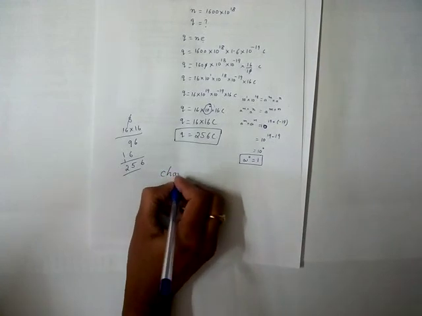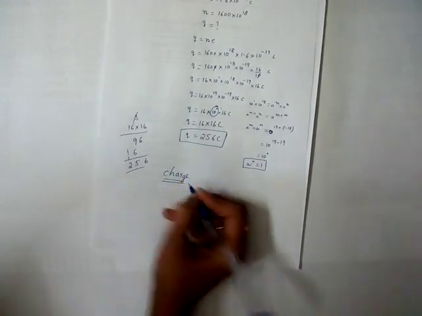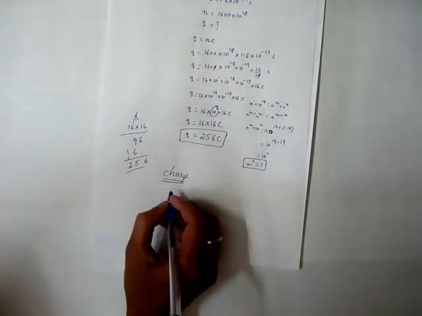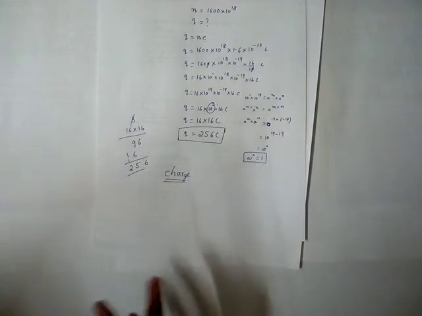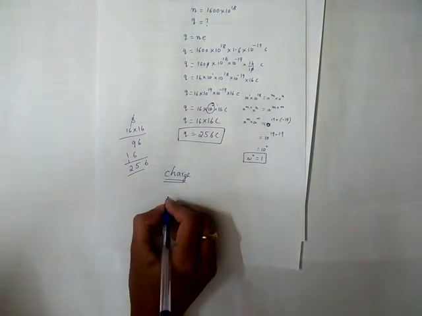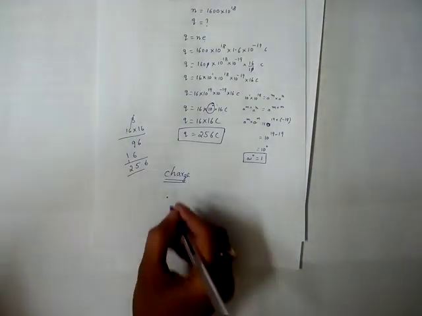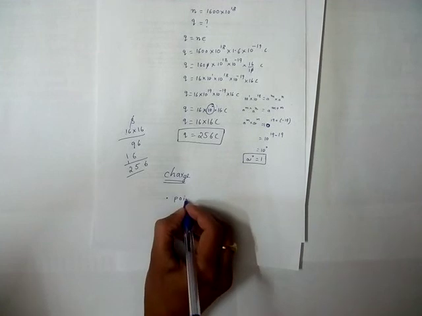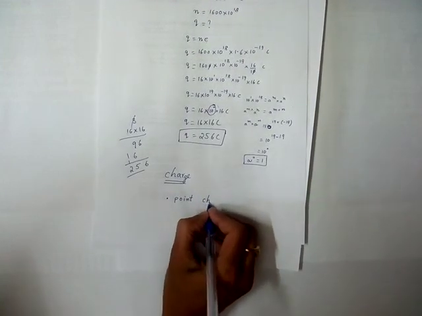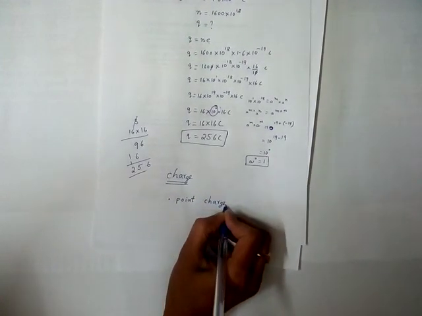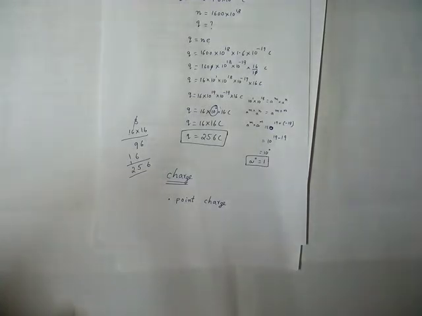Now, charge properties also we have learnt. Charge is present in any body due to its subatomic particles. A small charge, if you take this charge, we call it a point charge. A very tiny charge is generally called a point charge.